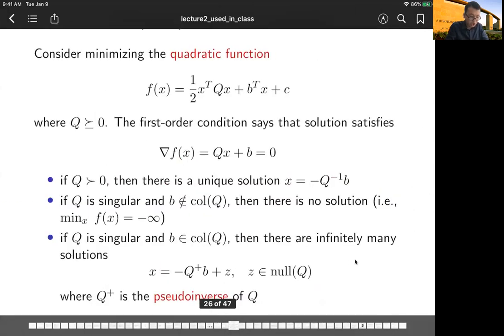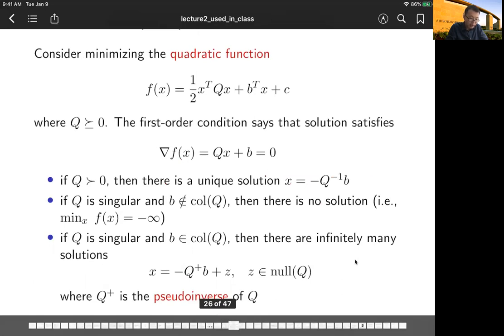For quadratic functions, we can calculate the gradient, and when Q is positive definite, then we know that the solution is unique, and we can write out the solution by solving a linear system of equations.